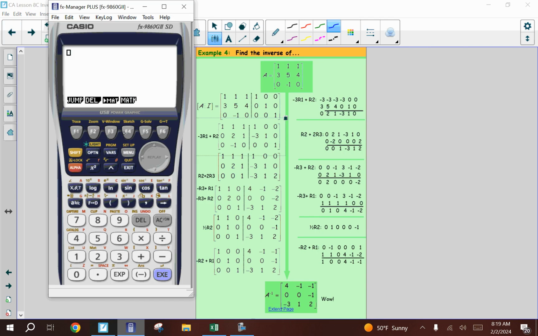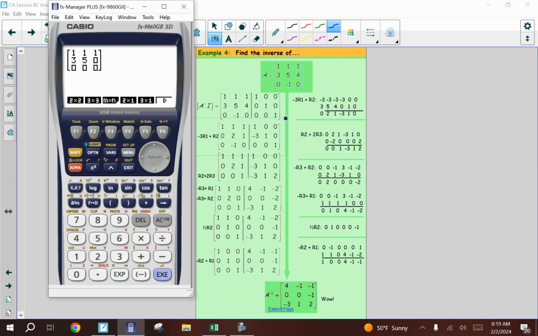So for example, that same exact question, if I was going to do it in the calculator, I would hit math, I would hit matrix, and because this is a 3x3, I hit F2, so I'd enter 1. Oops, I can't hit enter, I have to use the arrows. So 1, 1, and then I would put 3, 5, I missed a 3.